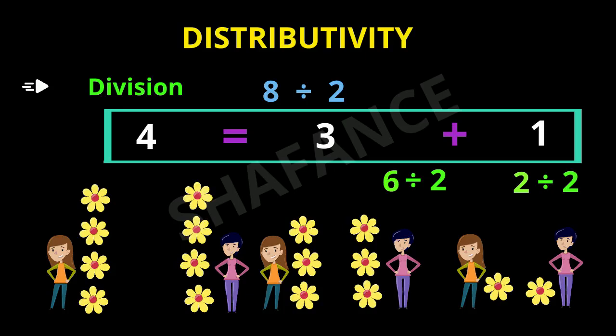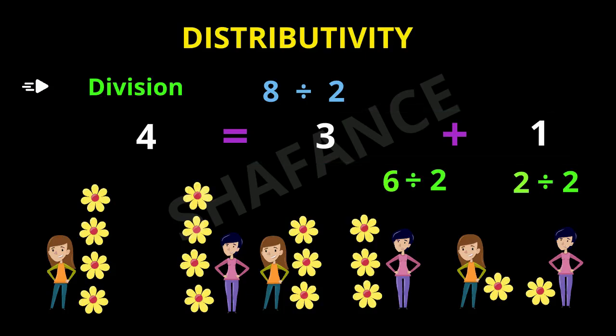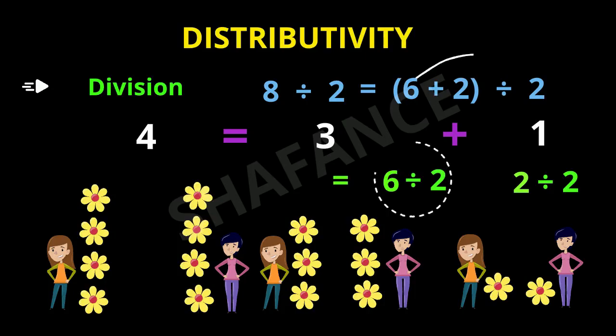So what is happening over here is 8 by 2 can be expanded into (6 plus 2) divided by 2. So the 6 inside the bracket, when we open the bracket, 6 divided by 2 is getting represented by 6 divided by 2 in the green, when we divided 6 flowers among the 2 girls.